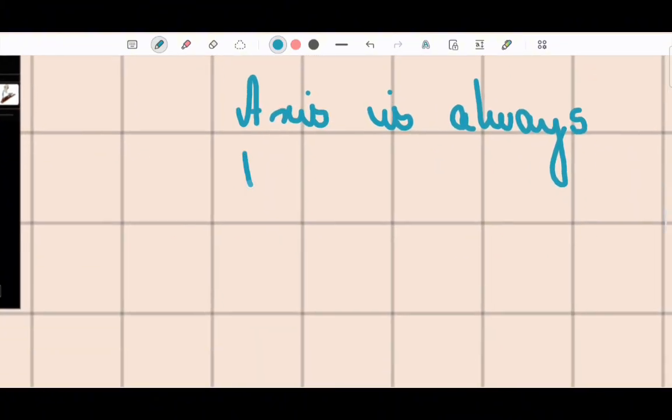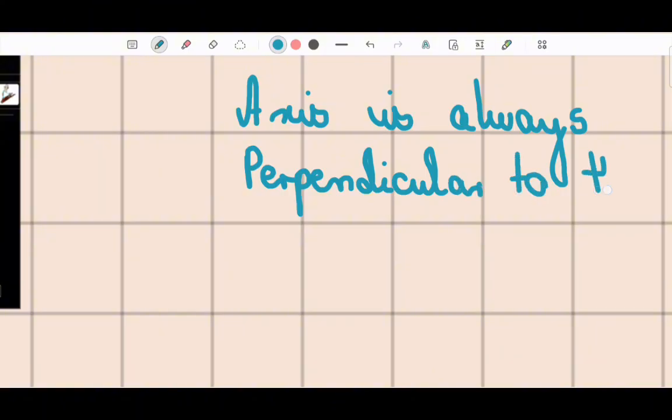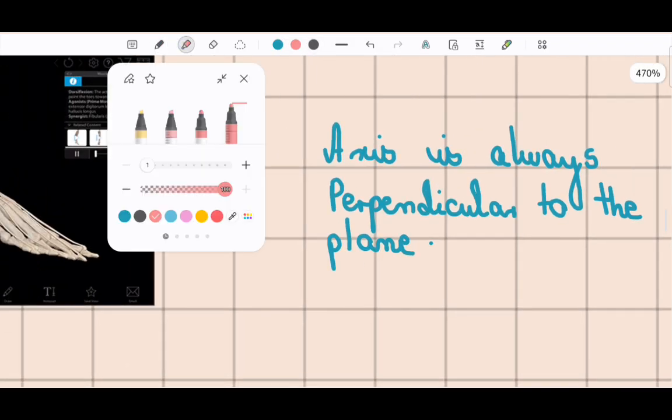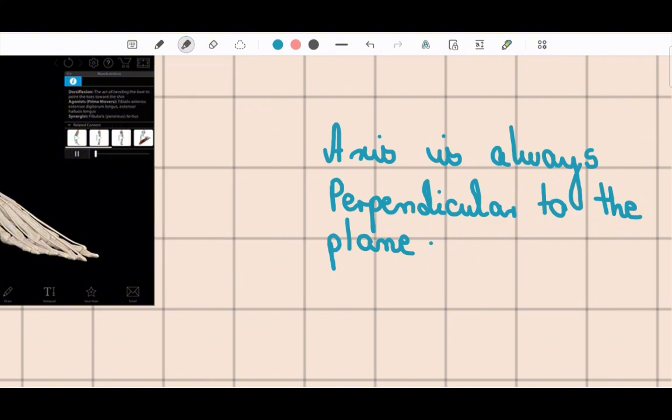Okay, ignore the writing here. Let me just write it here. The axis is always perpendicular to the plane. So this must be in your mind while you're learning the movements which are occurring in a particular plane.